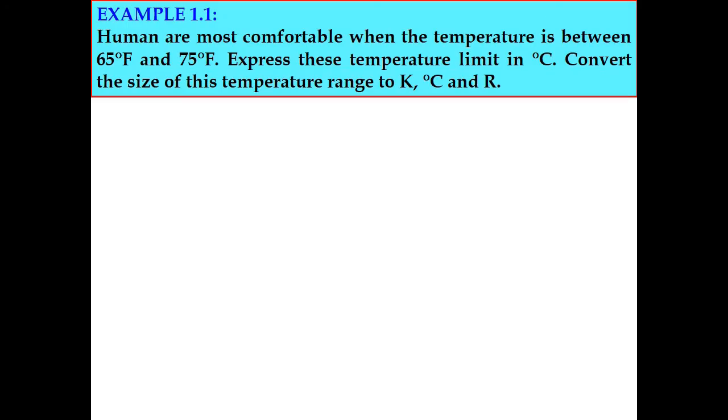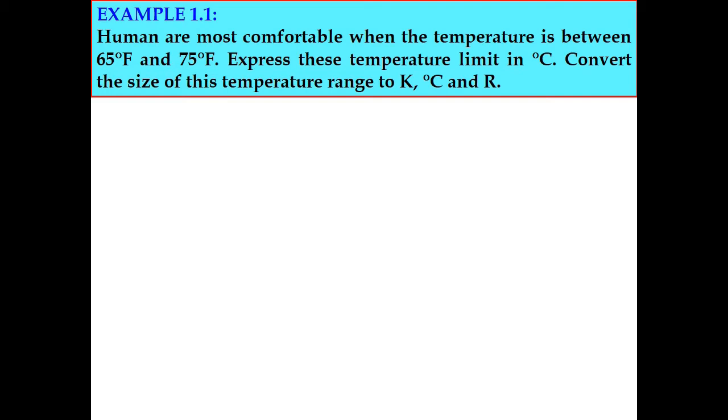Before we discuss further, let's look at example 1.1. This is just a simple example for chapter 1. Humans are most comfortable when the temperature is between 65 degrees Fahrenheit and 75 degrees Fahrenheit. Express this temperature limit in degrees Celsius. Convert the size of this temperature range to Kelvin, degrees Celsius, and Rankine.